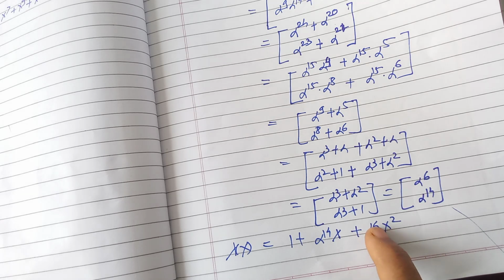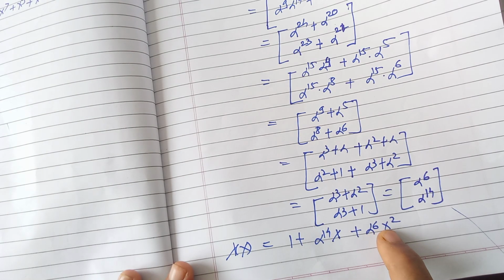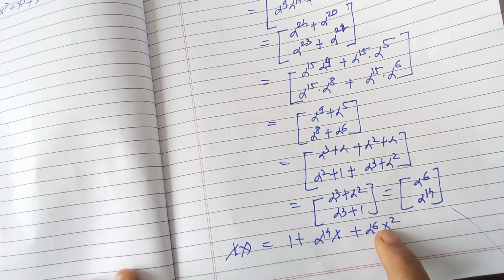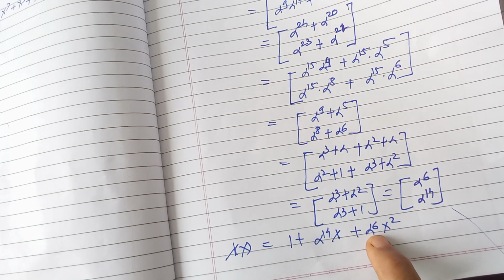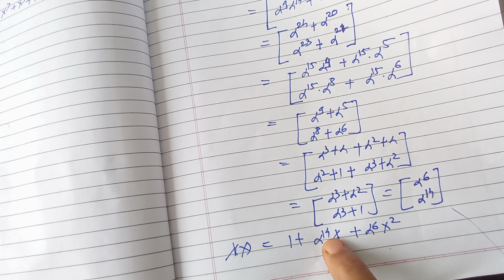So first you have to find alpha 6 in terms of powers of two alphas, and then their addition should be equal to alpha 14. Their addition should be equal to alpha 14.